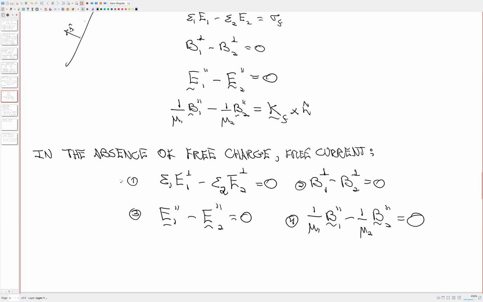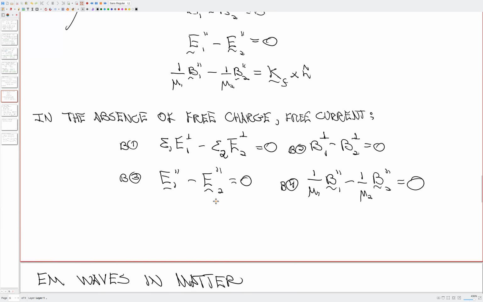And maybe I'll call them B1, B2, B3, B4, because these are like boundary conditions. Okay, so what do I have? Well, you see here, what B1 tells me is the relationship between the perpendicular components of the electric field. So how does that go? Let's just see the perpendicular.